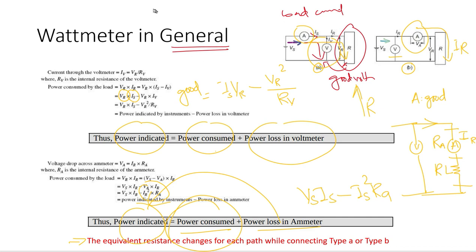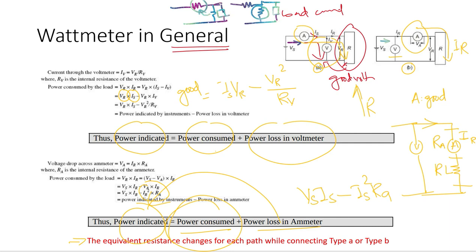So let's say we have two resistances, one here and the other here. This will have a different effect if the resistance that was here is replaced here, and the one that is here is moved there. Now if we have some load in here, that will have a different effect.